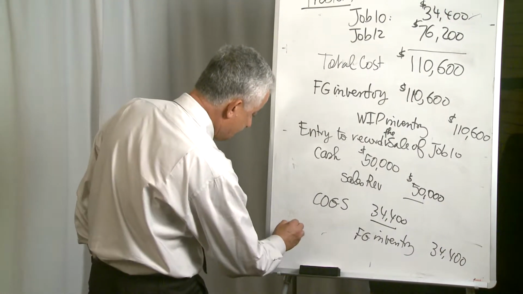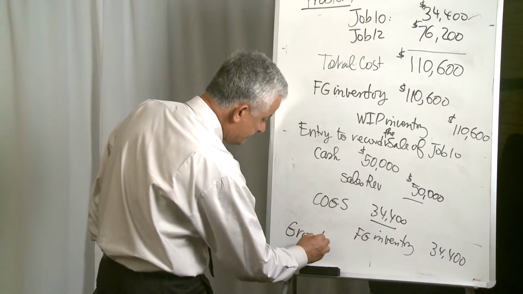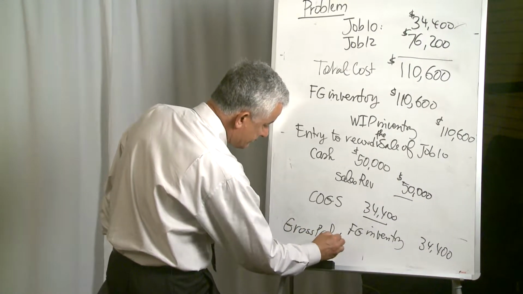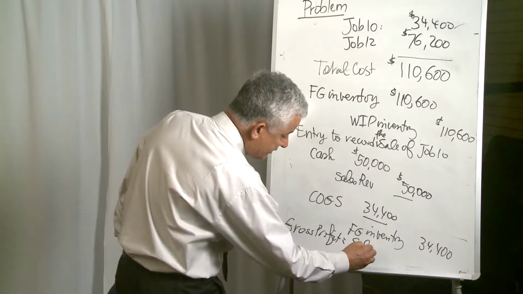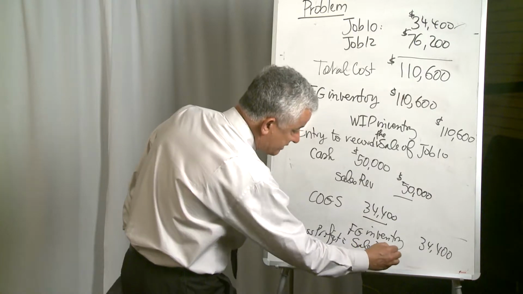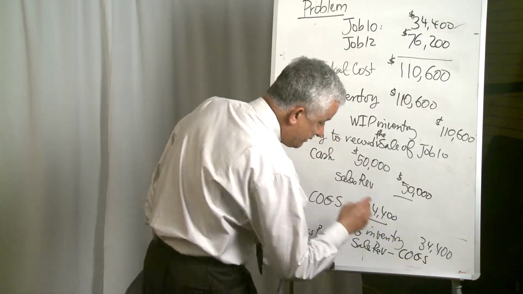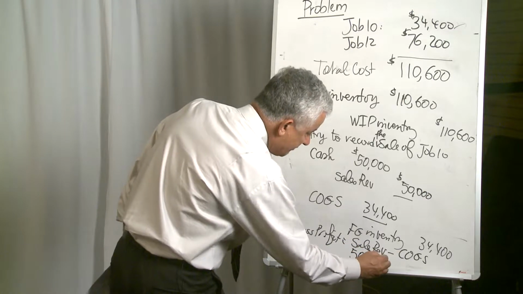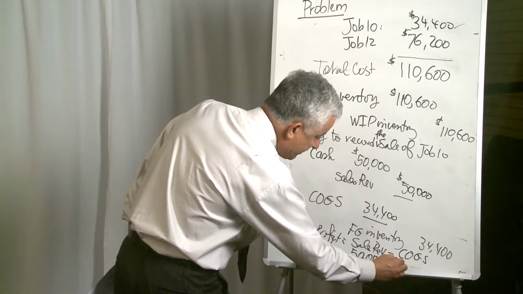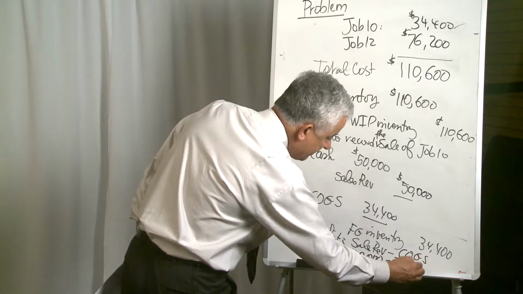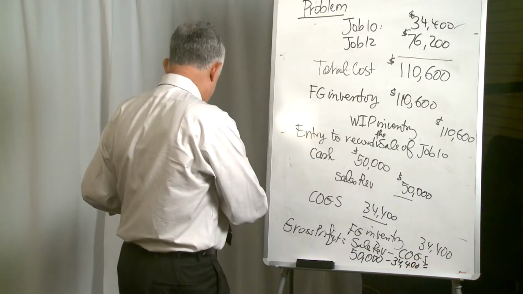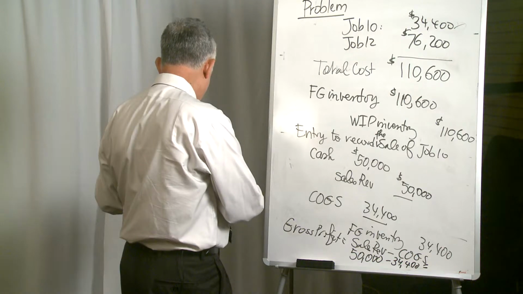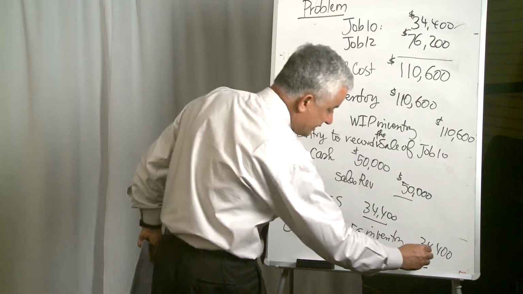So our gross profit will be sales revenues minus the cost of goods sold, which is 50,000 minus 34,400, and that will give us a gross profit of 15,600.